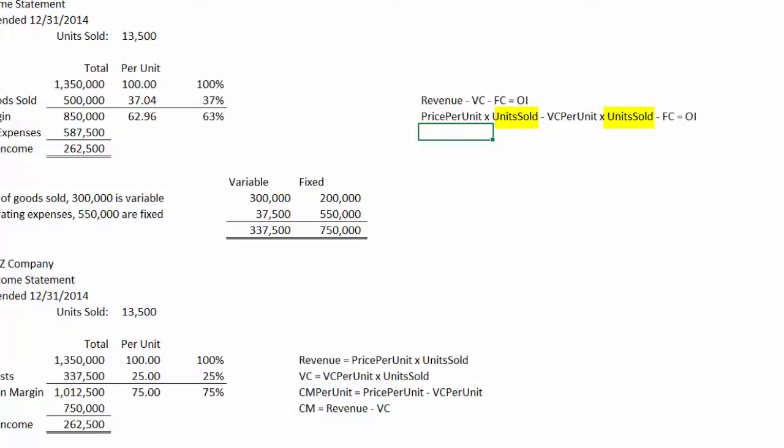Now, if you notice, we've got units sold in two places. And let's go ahead and add some parentheses up here.